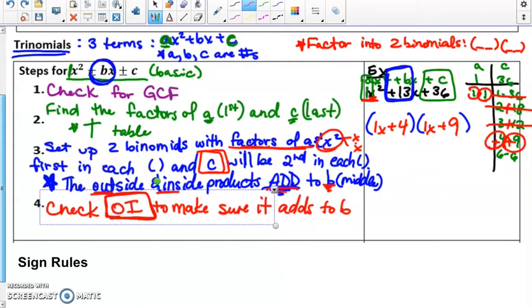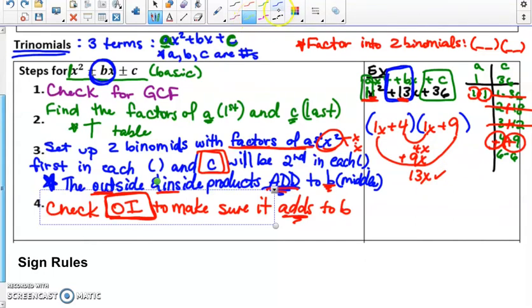So I call it the upside down rainbow. So we're going to do our 1x times 9 and get 9x. 4 times 1x is 4x. We add them together, so 4x plus 9x is 13x. That's my B here in the middle, so we're all good, so that checks.